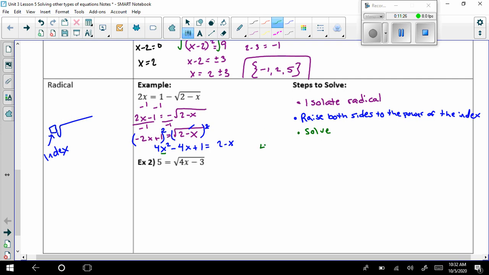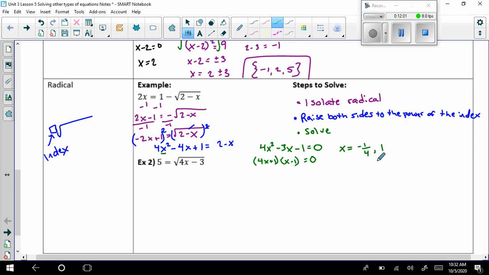And so we have 4x squared minus 3x minus 1 equals 0. I'm going to just stop there, because you would need to use the quadratic formula. Wait, no, hold on, this factors. So there are my factors, and then x equals negative 1/4, excuse me, and positive 1.